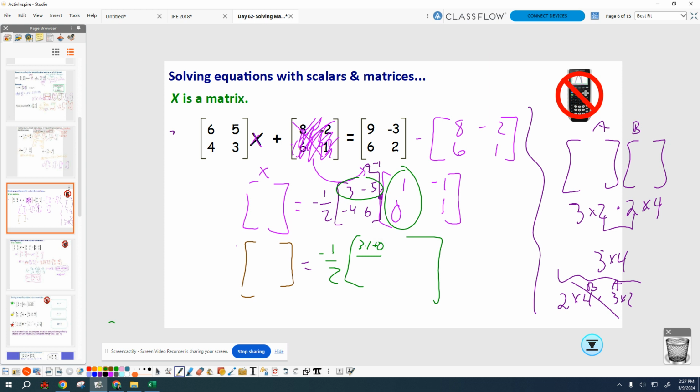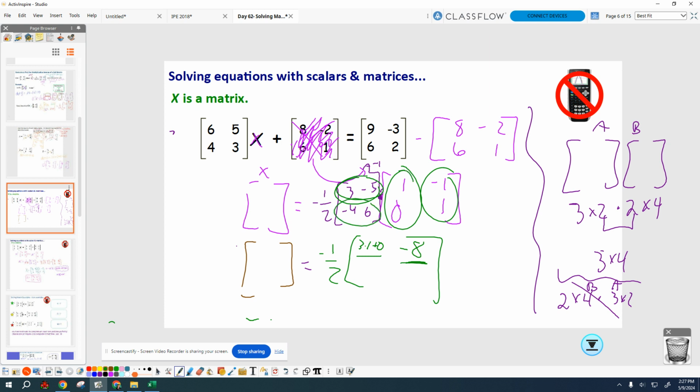So it's 3. Bode, how do I get this one? 3 times -1 and -5 times 1, which is -3 plus -5, and you said that's -8. Perfect.